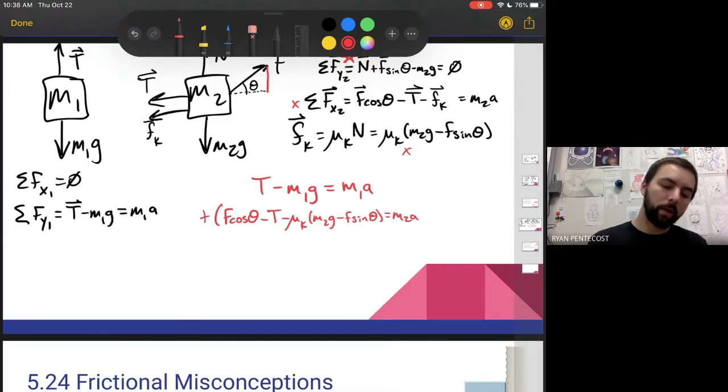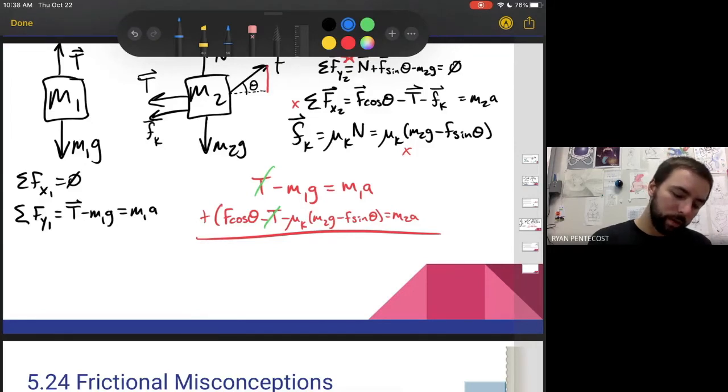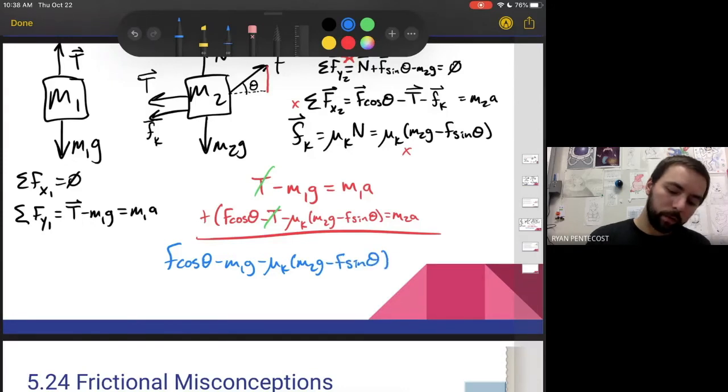So we will add all of this together. The tensions, as you can see, will cancel. So what we will end up with is f cosine theta minus m1g minus mu k times the quantity m2g minus f sine theta, all equals m1a plus m2a.